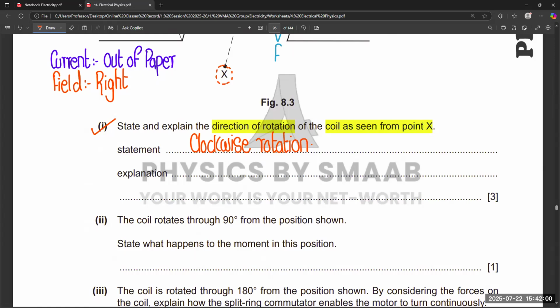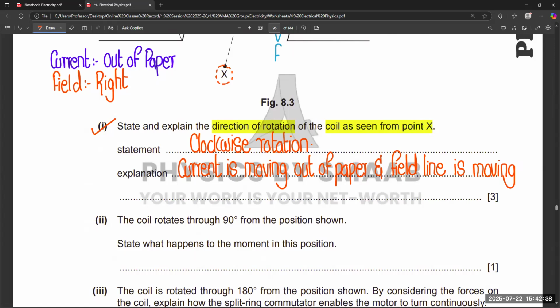And the explanation is simple. Current is moving out of the paper and the field line is moving towards the right.